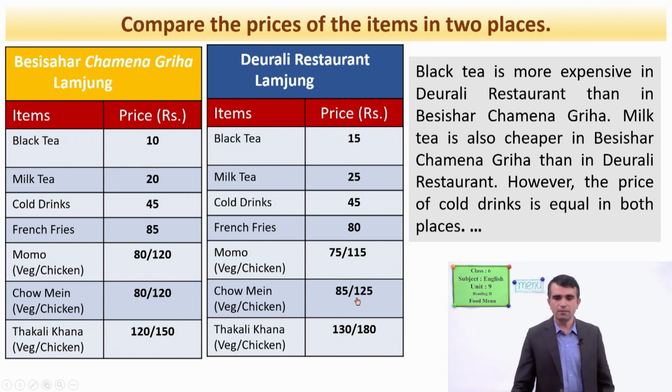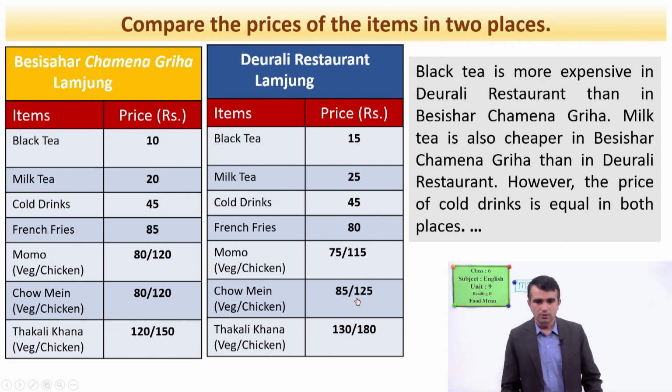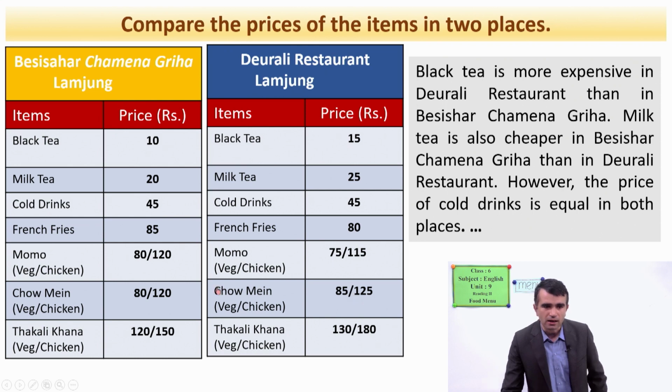Good. Here similarly a bit above, momo veg and chicken are 75 and 115, chow mein veg and chicken 85 and 125. So if you compare momo in two places, here 80 and 120, here 75 and 115.